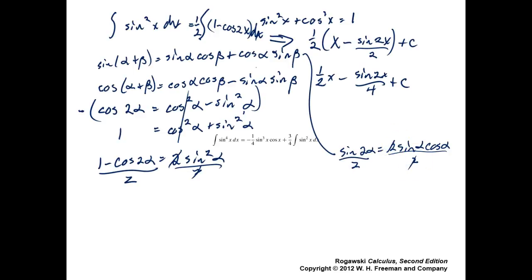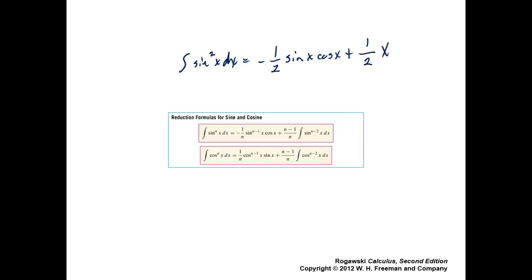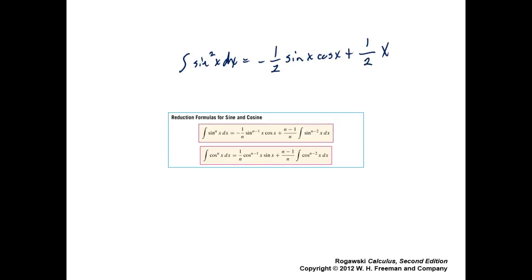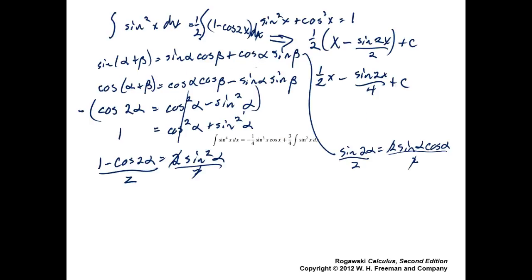Let's go back here. Oh, wait. Why did I do that? I didn't need to do that. Sorry about that. No, I did need to do it. In fact, I need to divide by 2 again and make this 4.